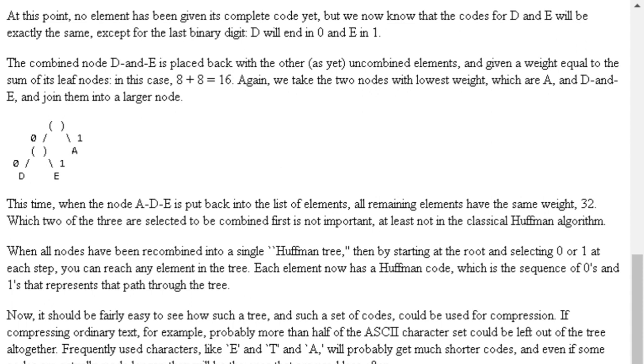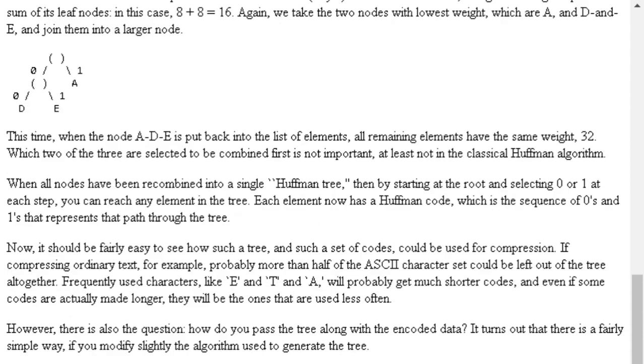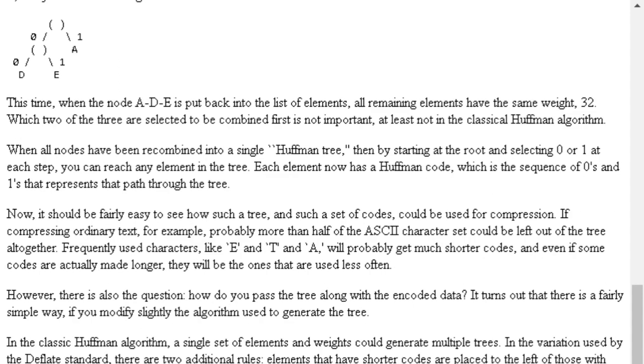Which two of the three are selected to be combined first is not important, at least not in the classical Huffman algorithm. They're saying not in the classical Huffman algorithm because canonical Huffman codes would want you to do something where there's a lexicographical ordering, and probably alphabetical in this case.